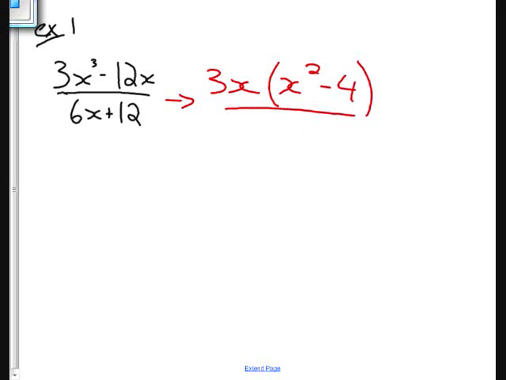Do you factor anything on the bottom? What are we left with? Are we done factoring? No. So what do we have on the top? We have our 3x. And what do we have in the bracket?